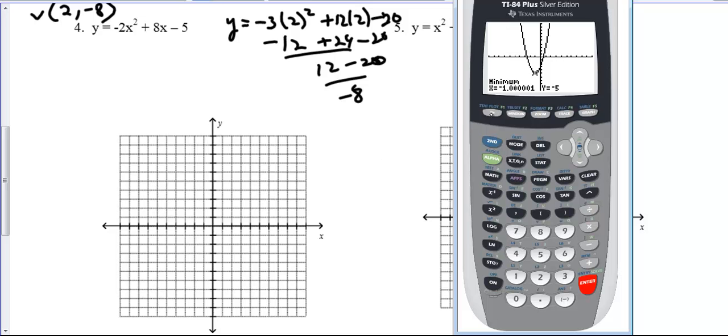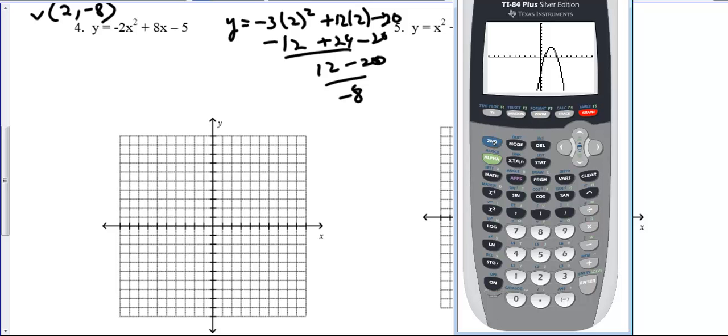So I'm going to enter my function in, which is going to be -2x squared plus 8x minus 5. Okay, again, I'm going to look at that graph first, determine if I have a max or a min, and you'll notice in this case, right up here, I have a max value.